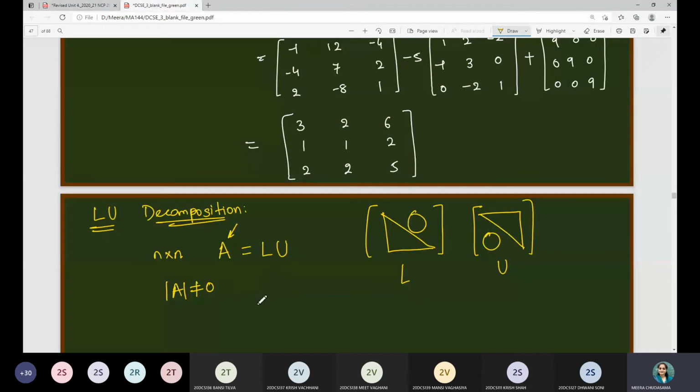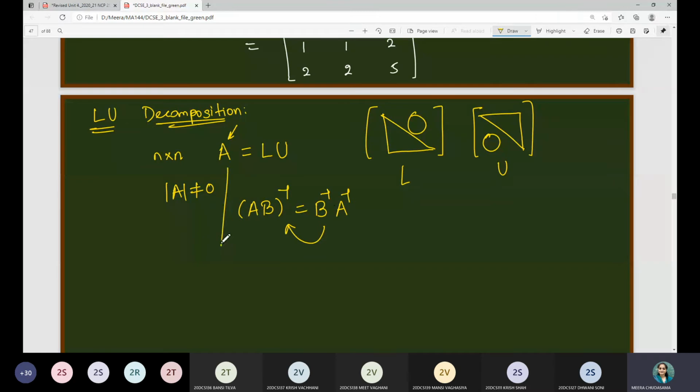And one more thing you have studied, whenever you consider the product of two matrices and then consider its inverse, it is the same as considering the inverse of B, inverse of A, and then the product. So the same thing if I apply to this equation, in that case A inverse will be nothing but LU inverse, which is U inverse L inverse. और ये U जो है वो अपर ट्राइंगुलर है तो ये भी अपर ट्राइंगुलर हो जाएगा, L जो है वो लोअर ट्राइंगुलर है तो L inverse भी लोअर ट्राइंगुलर मिलेगा आपको.